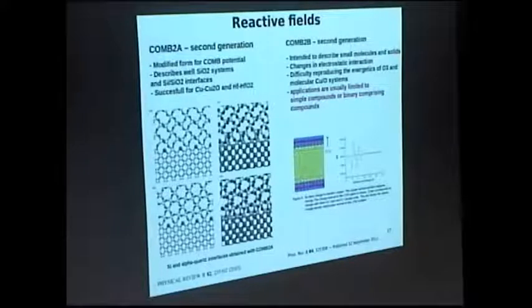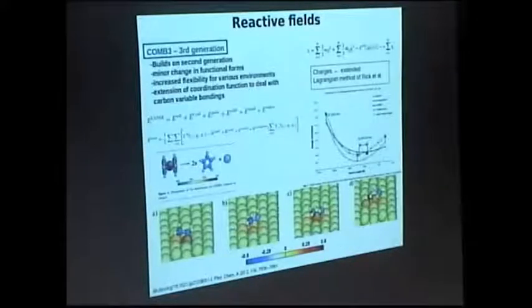What happens is that today we have the 3rd generation COMB. That is an improvement on the second one, and then several problems were solved. I don't know all the details, but the idea is that they changed a little bit some functional forms again.